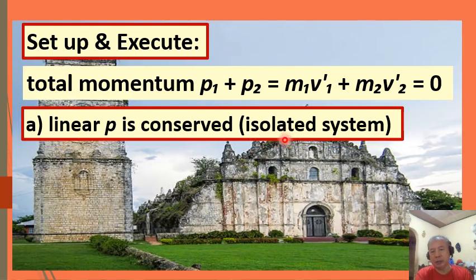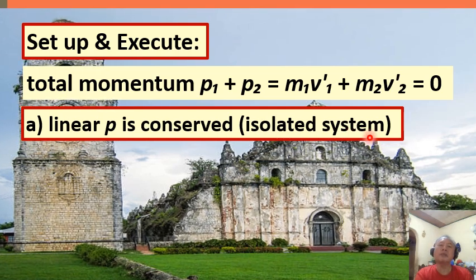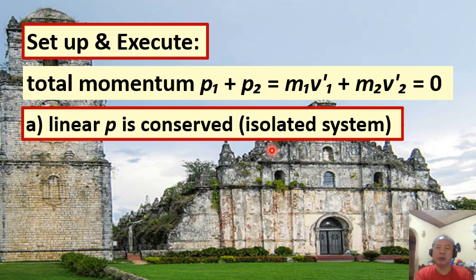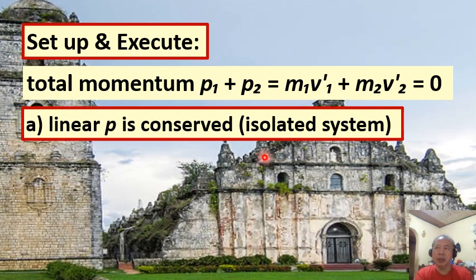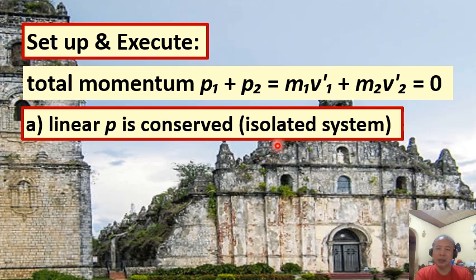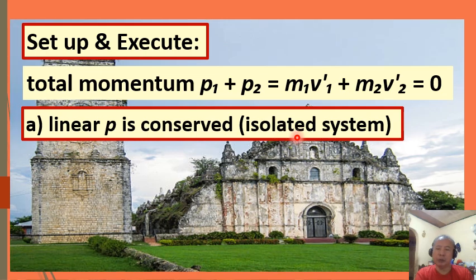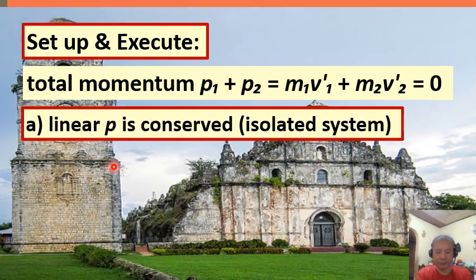So the term is an isolated system, or we can also say that the summation of F, meaning all the external forces that there may be, is assumed to be equal to 0.